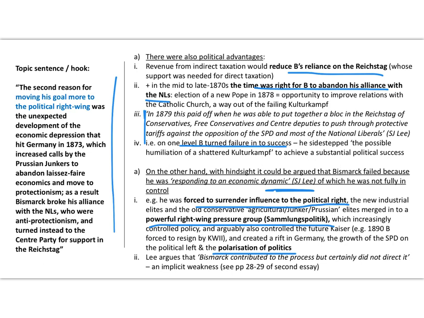And that's something which Bismarck did not want. He wanted national unity. And to a large extent, by the late 1870s, Germany was becoming divided. I think that was a key point there.